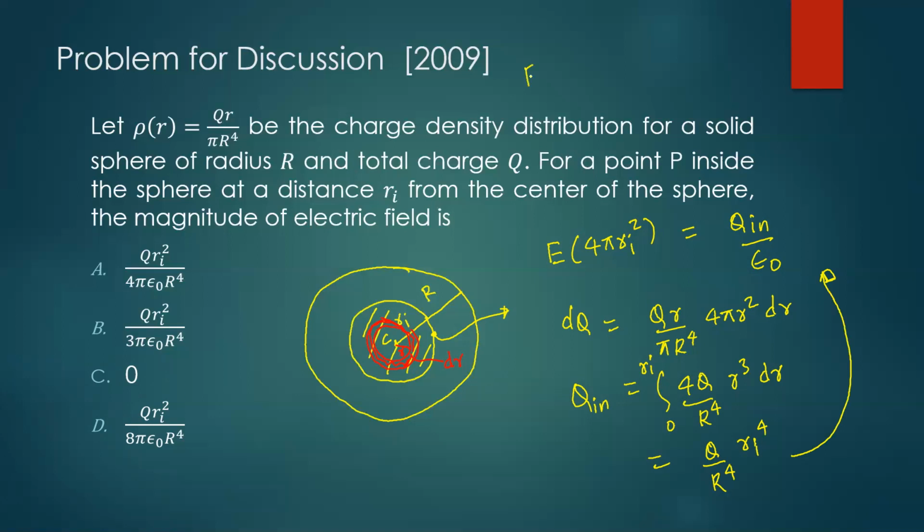So E into 4 pi Ri square is q Ri to the power 4 by epsilon naught R to the power 4. I think this 4 pi Ri square will go to the right hand side and then E will be as in option A. A option is correct.